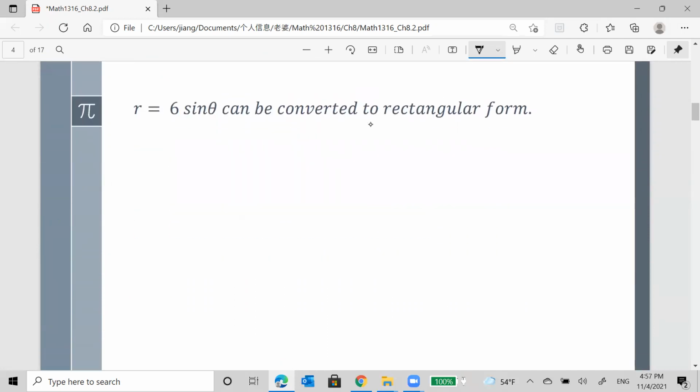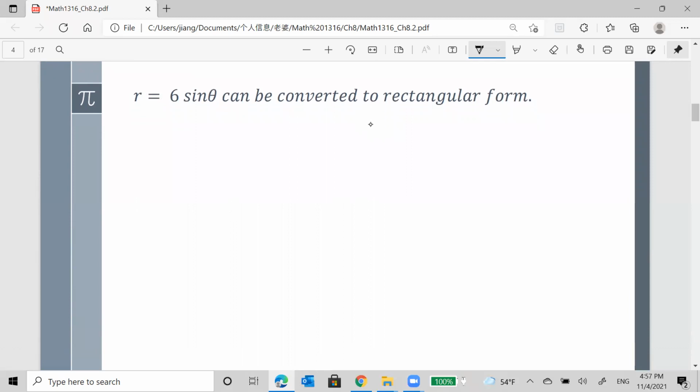So how to do it? Do you still remember, in the last video we learned that we can multiply by r on both sides. So r times r equals r times 6 times sine theta.